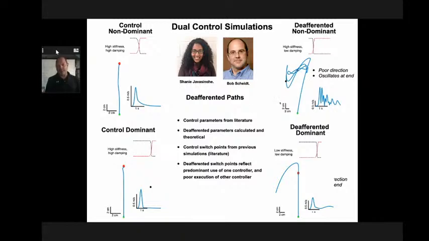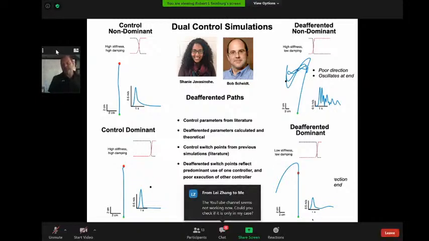And what they did was a very early switch to the positional controller with high stiffness and low damping, and they get this movement that has not so good initial direction and then oscillates around the specified endpoint, and another one which has a low stiffness or a poorly specified positional controller, low stiffness, low damping, and switch to that late in the movement.